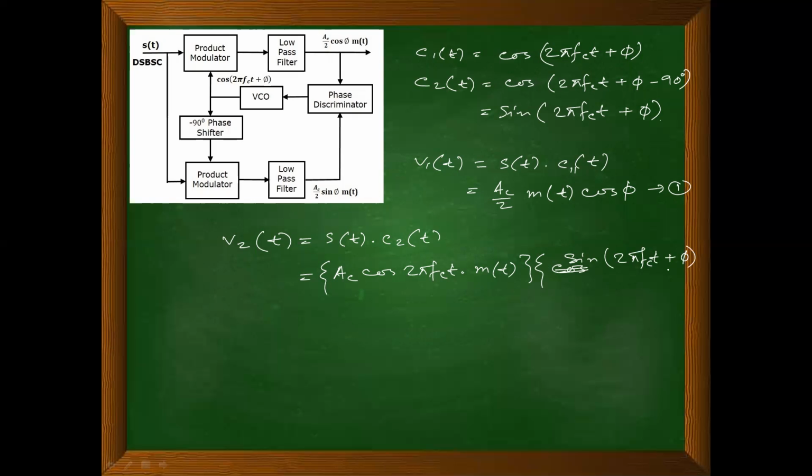Okay, so now arrange this equation into cos(2 pi fc t) multiplied with sin(2 pi fc t plus phi).